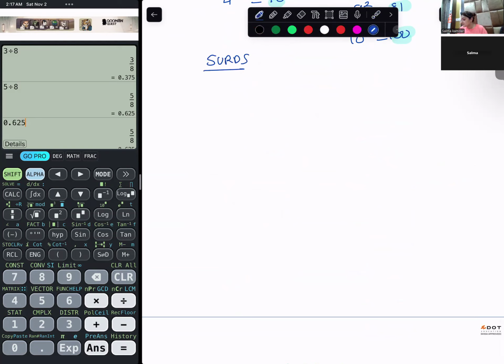A surd is the square root of a non-square number, and when you find the square root on your calculator, the decimals would continue forever without any pattern.